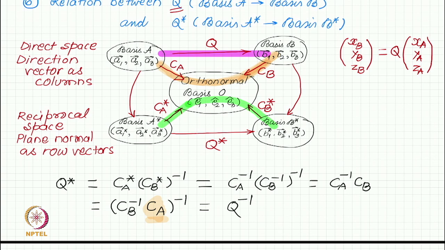So, for any transformation, what we had initially seen, that a transformation to a given orthonormal basis, C A star, was the inverse of C A for a given pair A and A star. Now, we are finding that even if A was being taken to B, some other basis, through Q, then A star will be taken to B star again by its inverse.